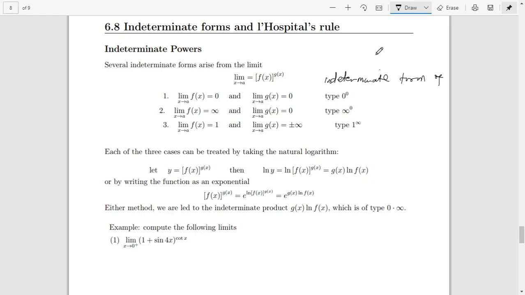Similarly, infinity to the power of any number k is equal to infinity, and any number k to the power of 0 is equal to 1. So infinity to the power of 0, is it going to be equal to infinity or is it going to be equal to 1? Well, we don't know. That is why that is indeterminate.